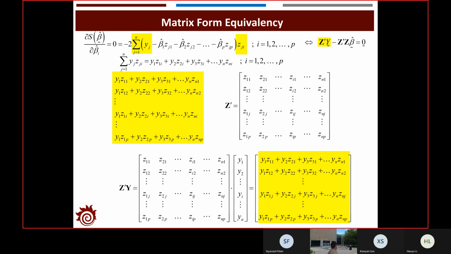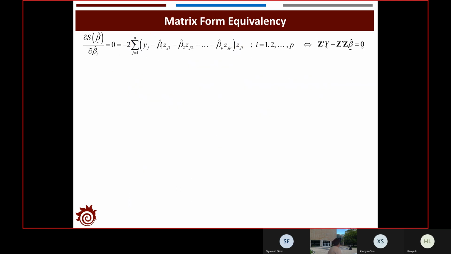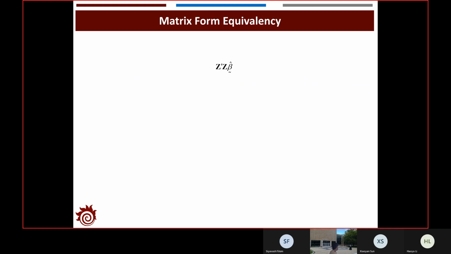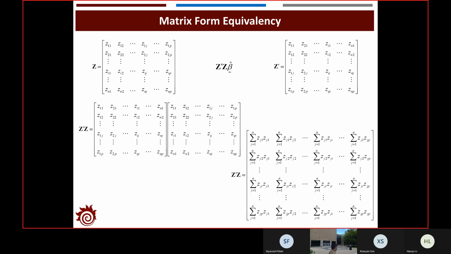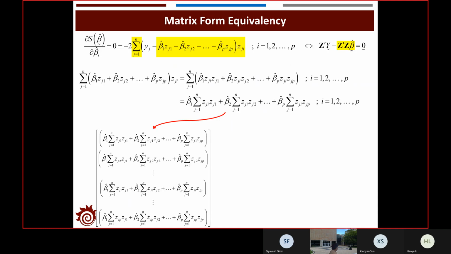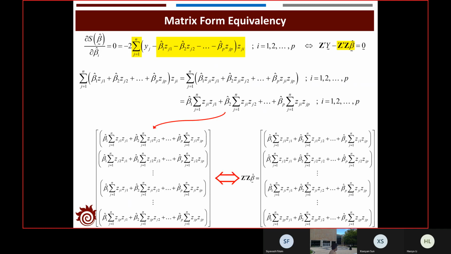So the first part is right, and you can also go to the second part, z prime times z times beta hat, which shows the details about how to do the derivation. Again, I will not go through the details. It's very complicated for the general situation. Basically, if we go through the whole slides, we find that they are equivalent with each other.